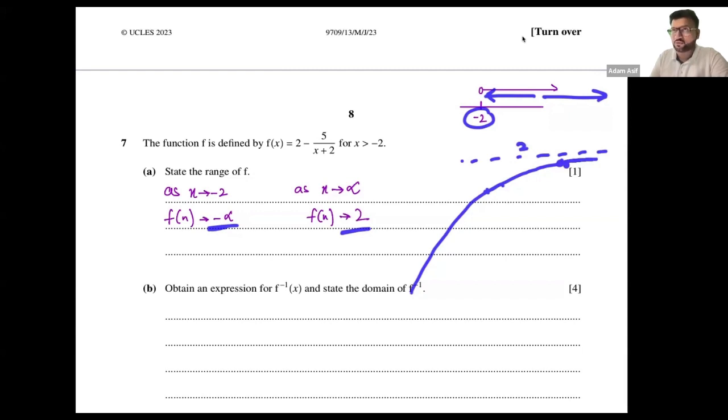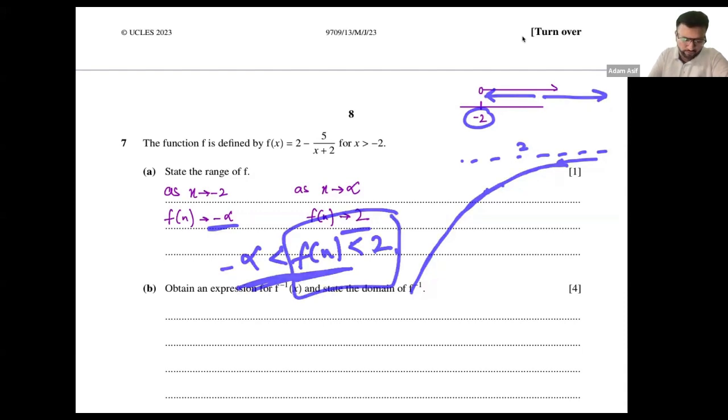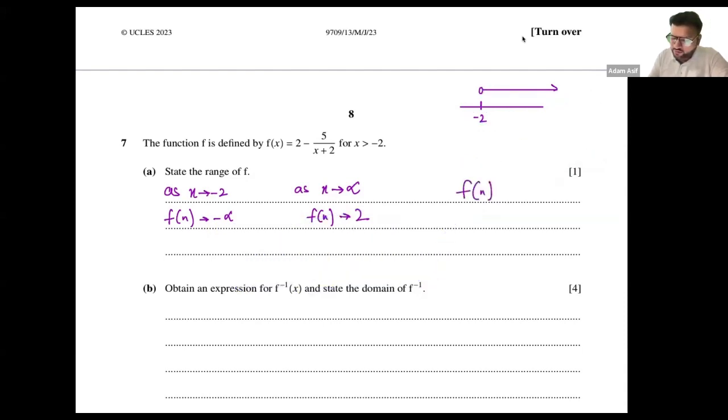It keeps on going down to negative infinity. So f of x is greater than negative infinity and less than 2. Now, instead of writing this, what do we write? f of x is simply less than 2. So the range is going to be f of x is less than 2.